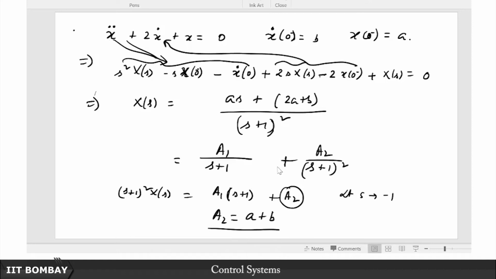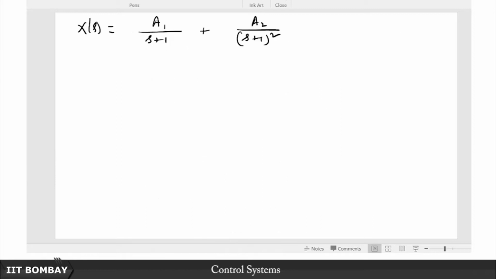We should get the same coefficients, it does not matter what method we are using. So you multiply both sides by (s+1)^2, so you take (s+1)^2 times X(s), and that will give you a1(s+1) + a2.